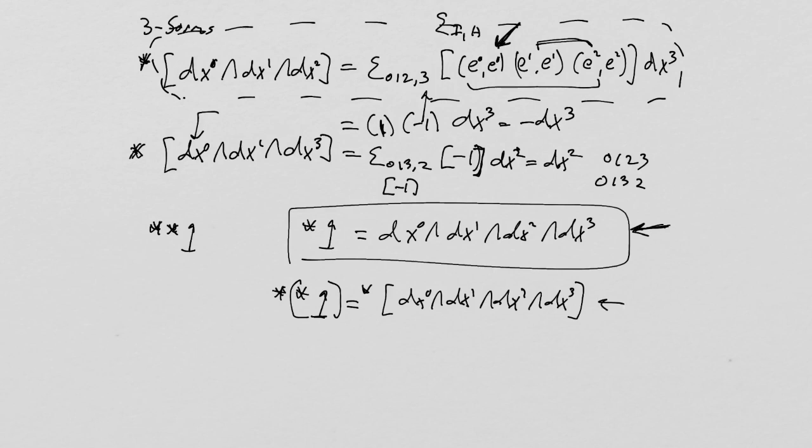And this guy we showed was equal to minus 1 to the n minus s of 1, right? So that equaled, in this case it's 4 minus 3, which is 1, so it's minus 1.